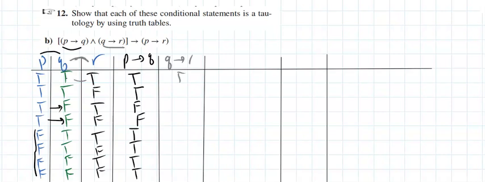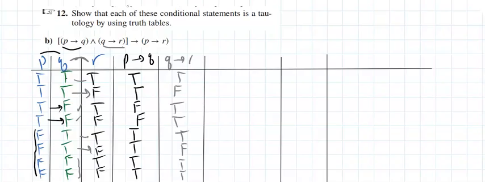True, true. The only time you have an issue is when you have a true and a false, like right there. If this is false, it's automatically true. Those are true. This is the issue again. And if the antecedent is false, this is automatically true.